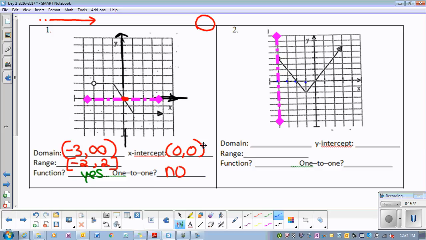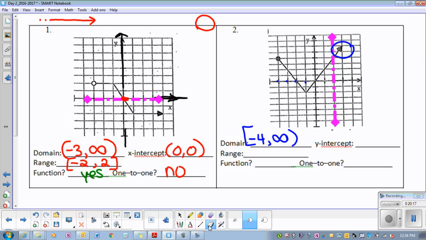So domain starts at -4 bracket because it was a closed circle there. And then when I keep going over to the right, look at that. I have an arrow on the right side. So where's that going? To infinity. And of course, infinity gets parentheses, right?